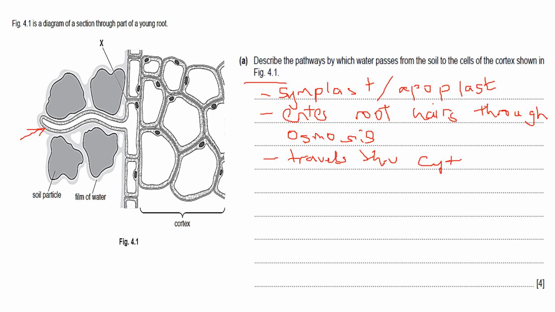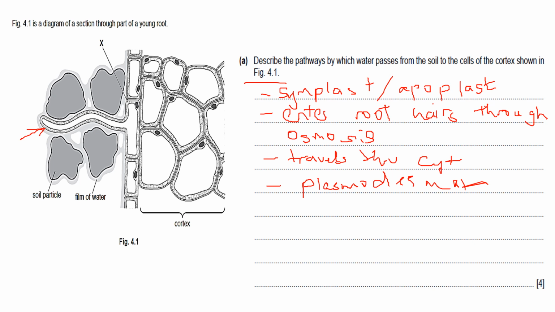Travels through the cytoplasm, and then when it gets to this group of cells over here, it will either travel through the plasmodesmata or it goes through the cytoplasm of the cells, but it hardly goes through the cytoplasm of the cells.